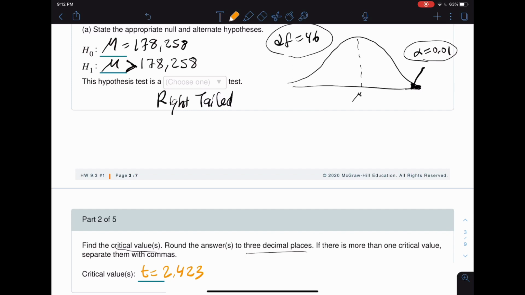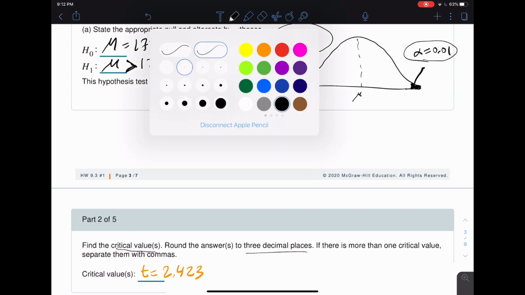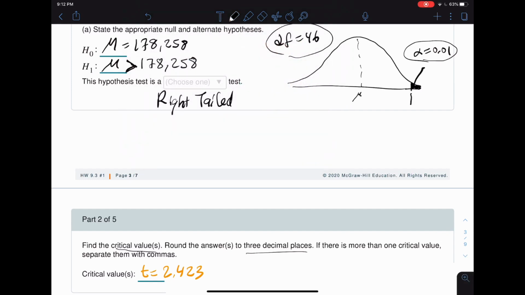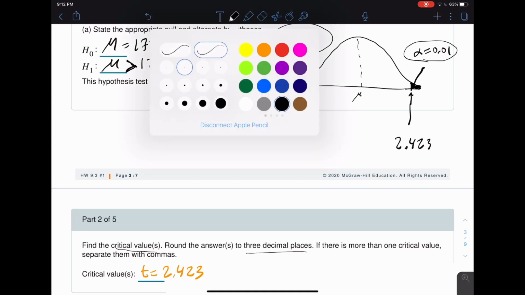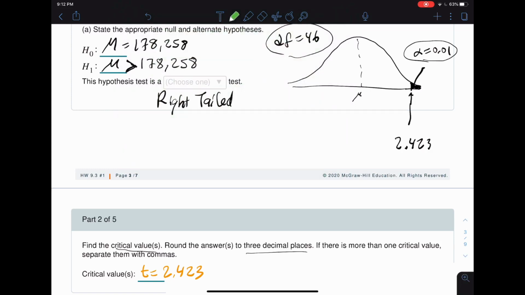We just found out that our critical value is right here at 2.423. What does that mean? Well, that means if my test statistic, now remember what that is, comes from my sample mean, and so that comes from my sample.